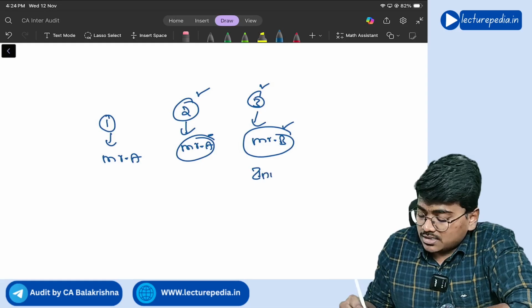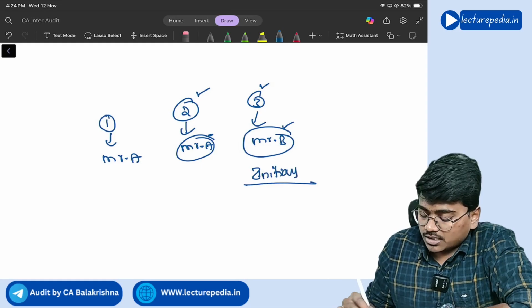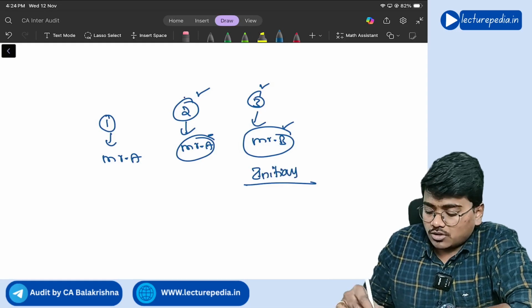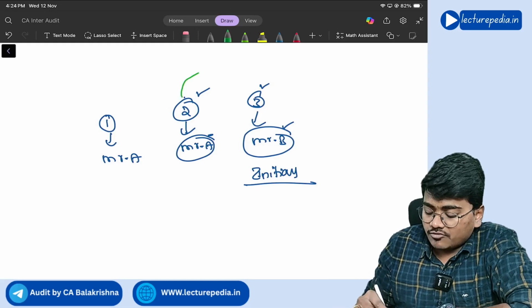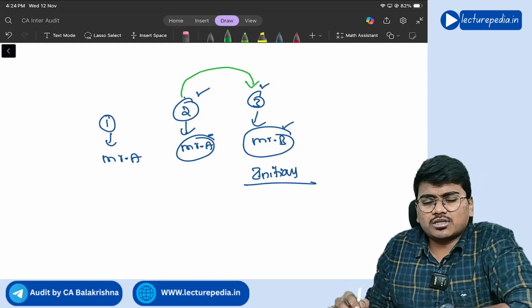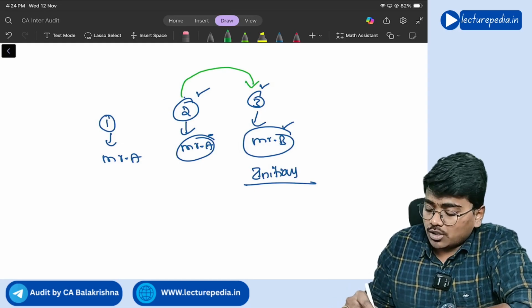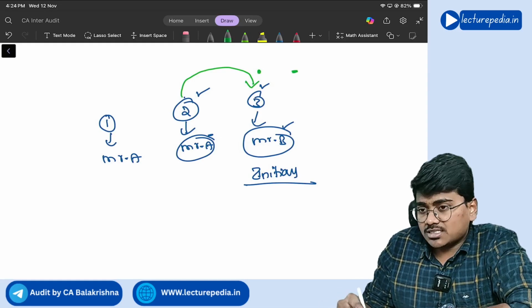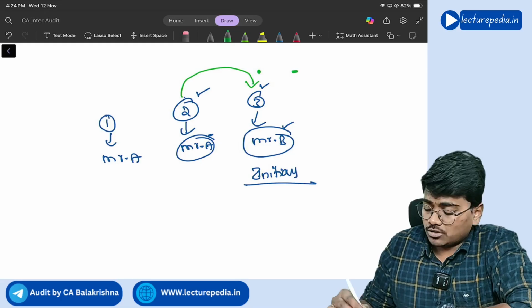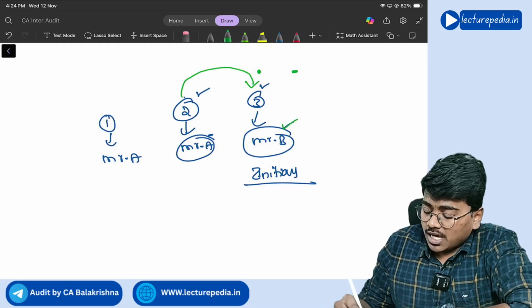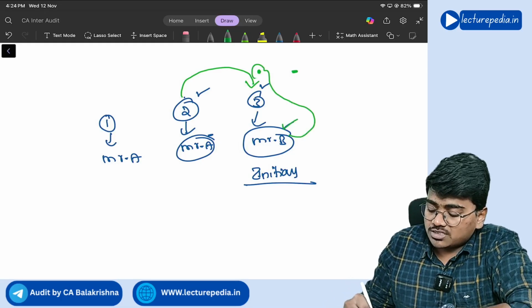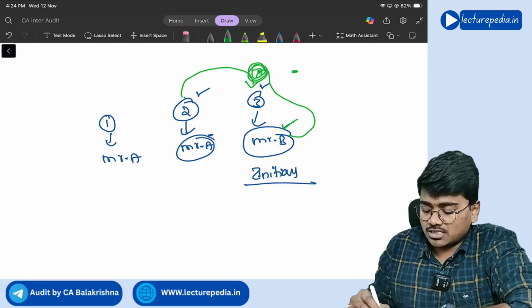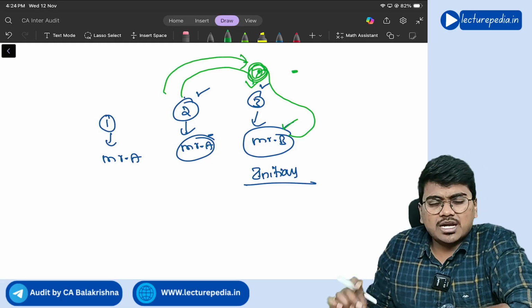Now in this initial audit engagement, the closing balances of the second year will be the opening balances of the third year, correct or not? Now the opening balances will have an impact on the closing balances of the third year, correct or not? So Mr. B has to perform certain procedures with respect to these opening balances which have come from the closing balance, correct?